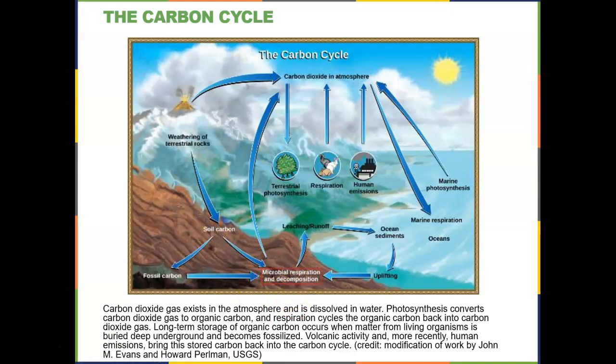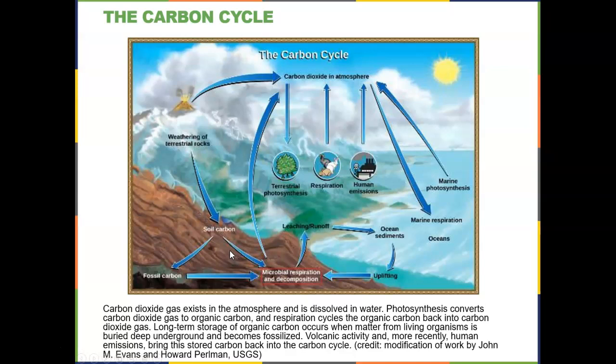So we see that there is movement of carbon in several forms. When it is in an atmospheric form, it is found as carbon dioxide. When it is found in a geochemical form, it can be just as carbon or it can be locked up in other molecules.